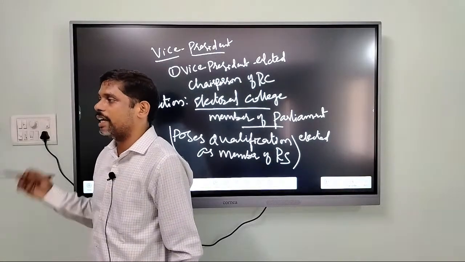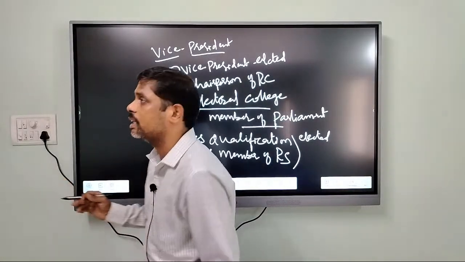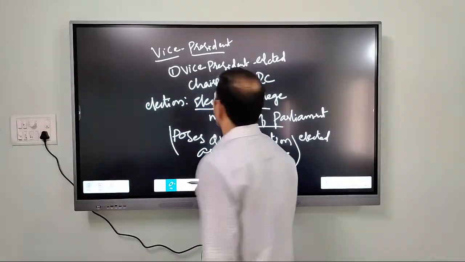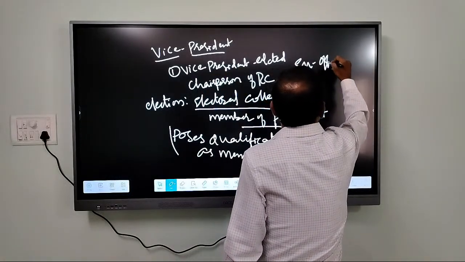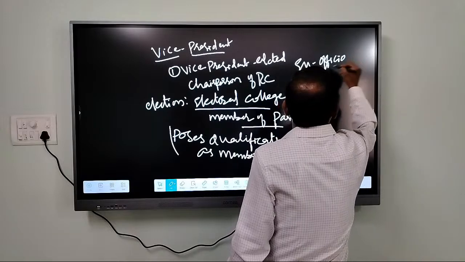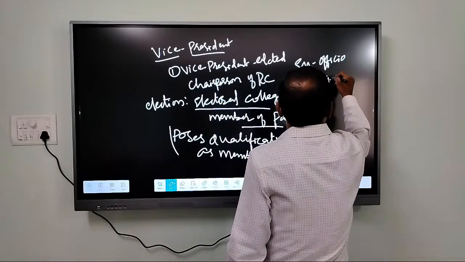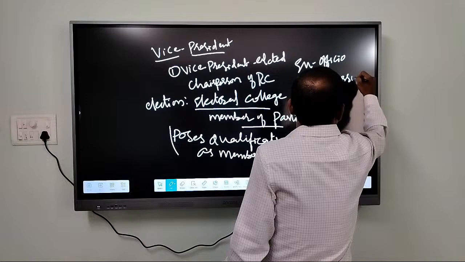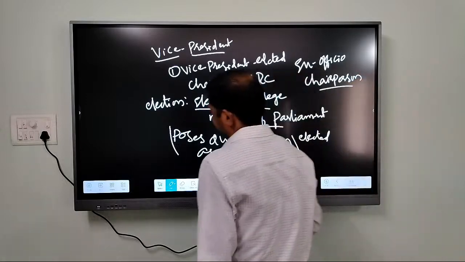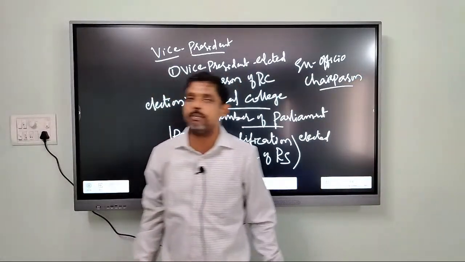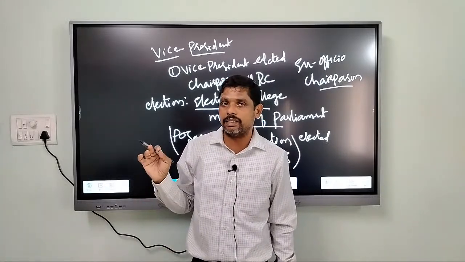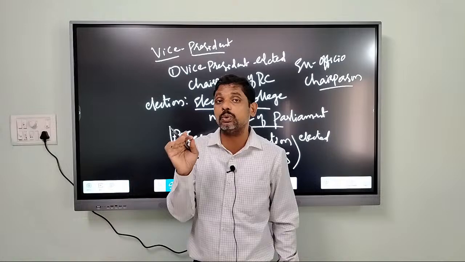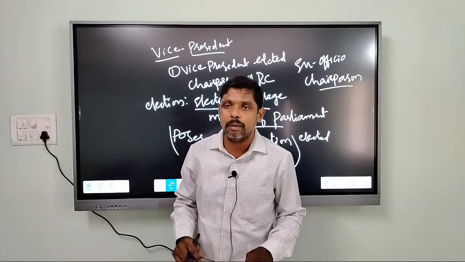Vice President constitutionally acts as ex officio chairperson of Rajya Sabha. So this is the constitutional responsibility given to Vice President.